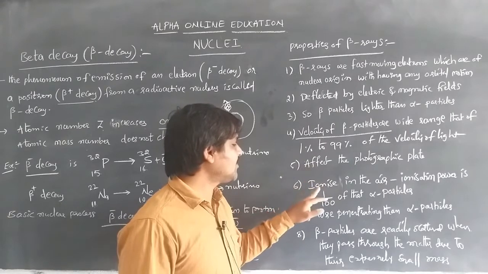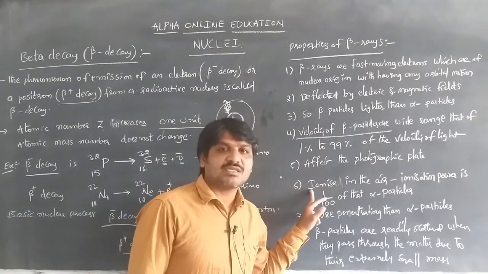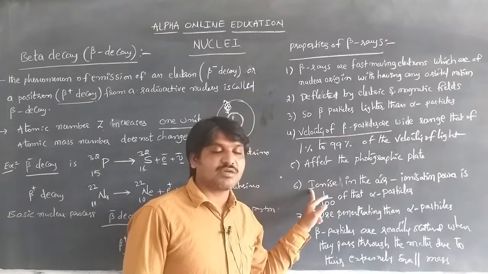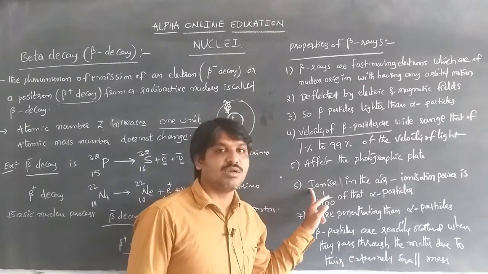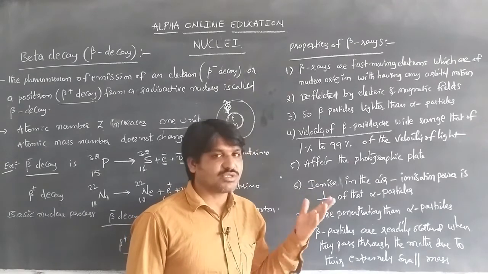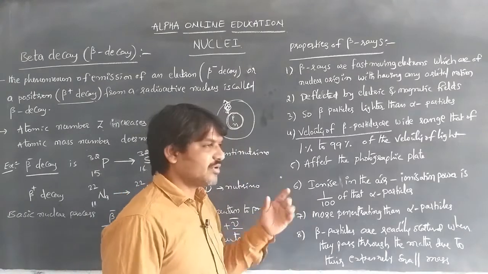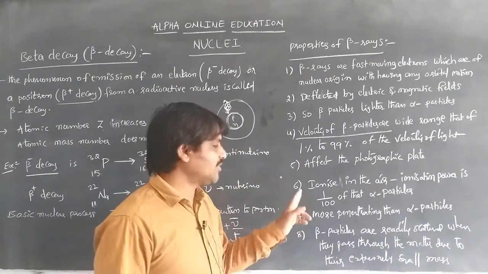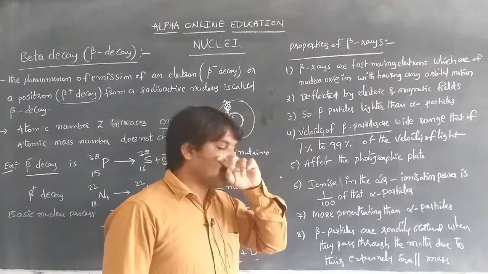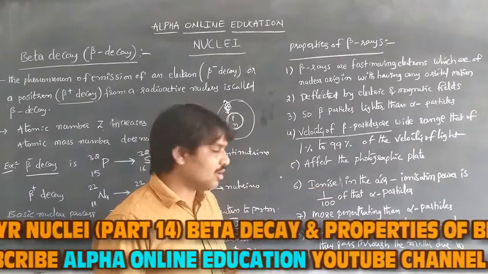Both can ionize, but alpha particles ionize more because they are doubly ionized helium atoms. The ionizing power of beta particles is 1/100th of that of alpha particles, and their penetrating power is more than that of alpha particles.